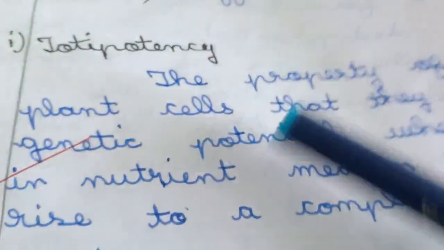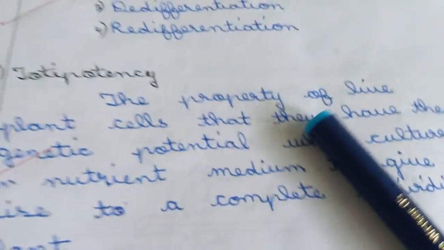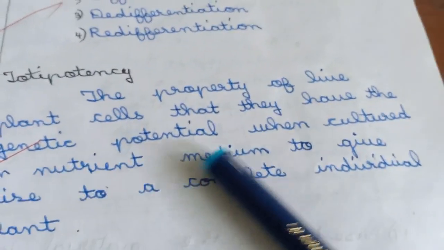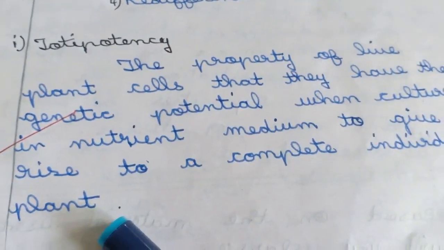What is totipotency? The property of a living plant cell that they have the genetic potential, when cultured in nutrient medium, to give rise to a complete individual plant.